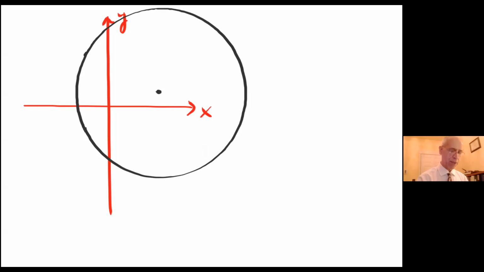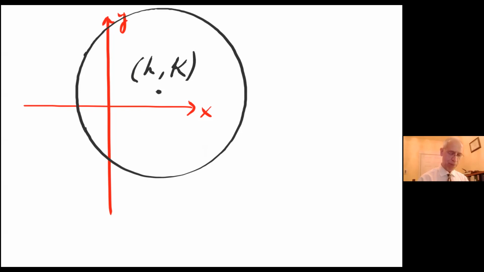The horizontal position of the center, we agree to call h. And the height of that point, we agree to call k. There's no particular reason for h and k that I know of; it's just historically something that we do.